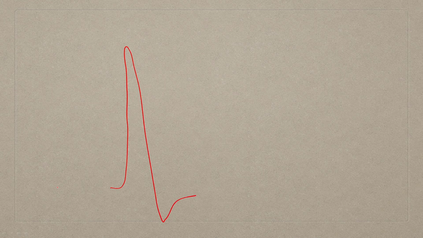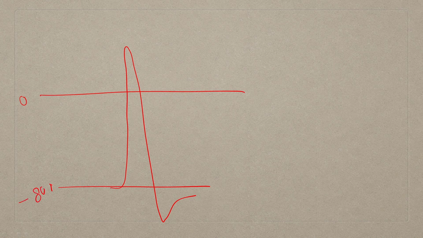Having said this, we will talk about how you can measure. When we are talking about an action potential which is shaped like this, this is the 0 line and this is the minus 80 millivolt line.